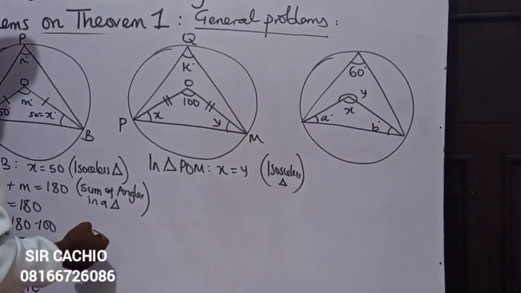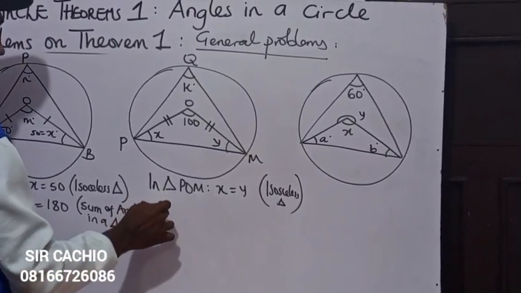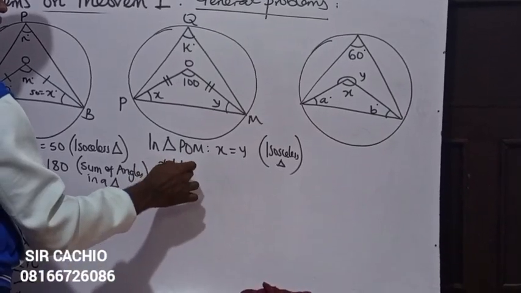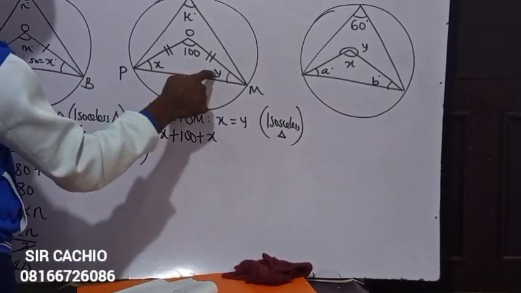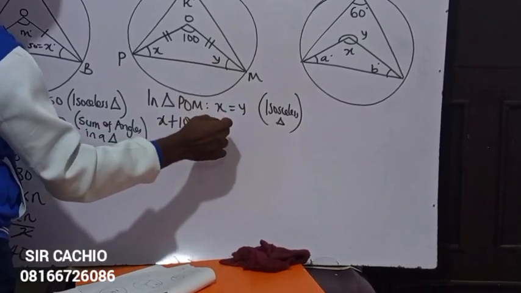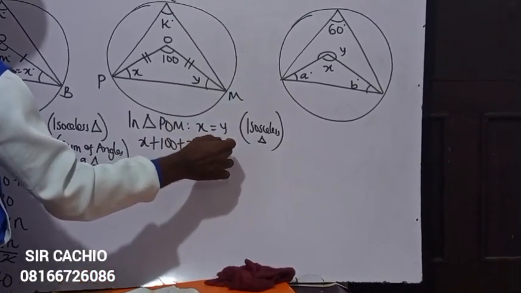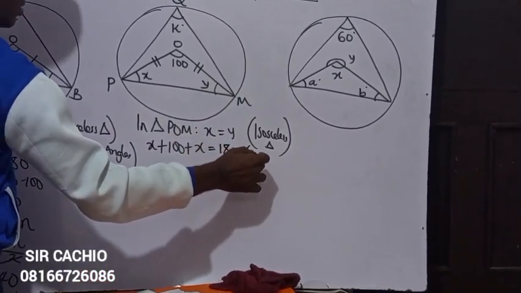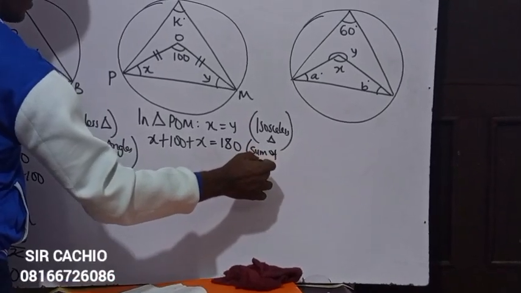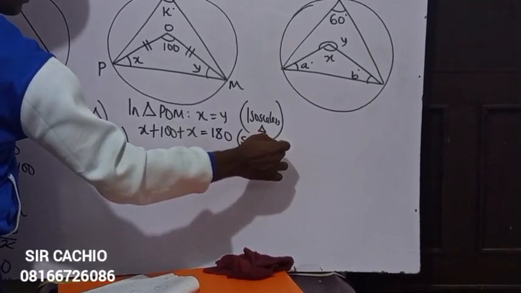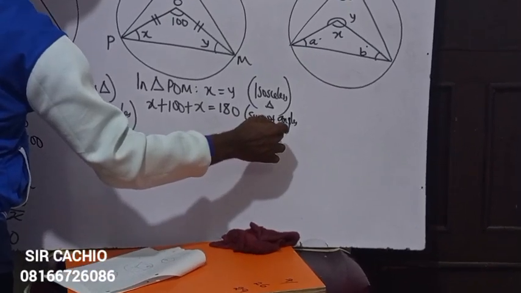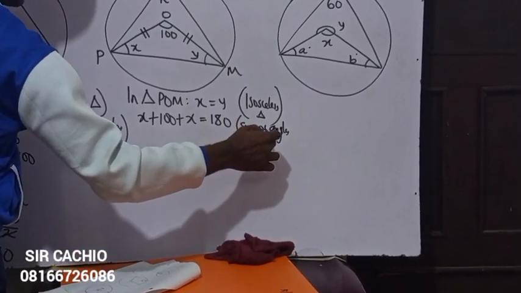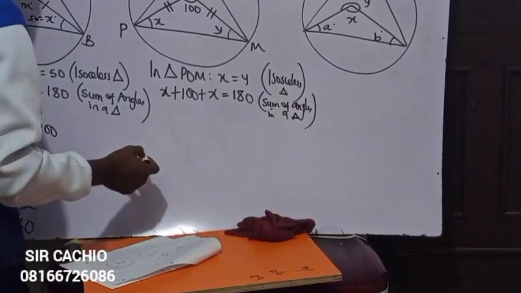Then we can continue. We now say x plus 100 plus x is equal to 180. Reason: sum of angles in a triangle.